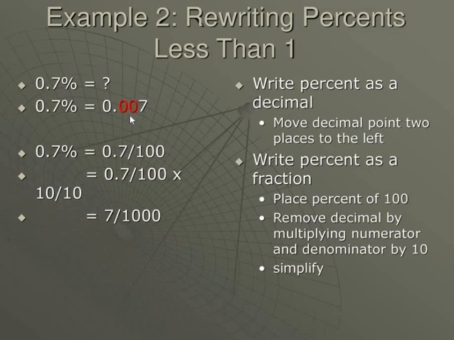I add 2 zeros, then put the decimal point, and this is read as 7 thousandths. Now to write it as a fraction, I remove the percent symbol, so it will be 0.7 over 100.